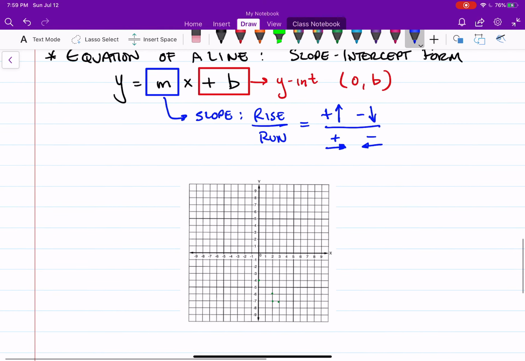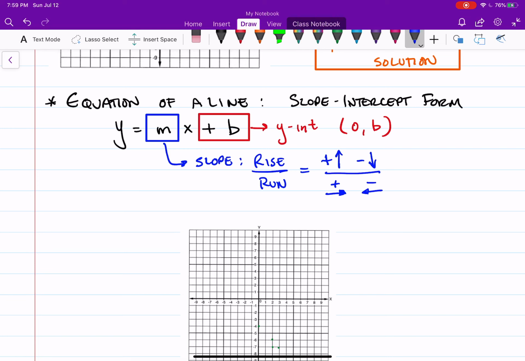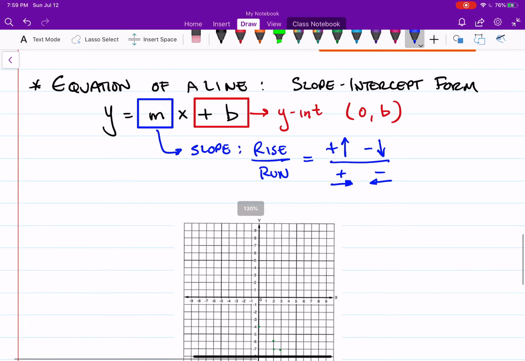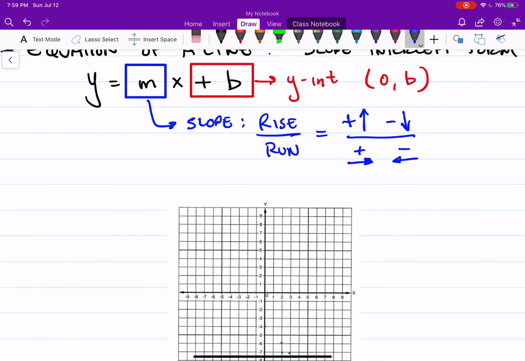All right, so how do I want to do this? If someone was to call you and say, hey, I'm lost, can you give me some directions? What's the first question you would ask them? Where are you at? Right? So you need to know where to start in order to give them directions of how to drive. So when I use this to graph, I want to know where to start.